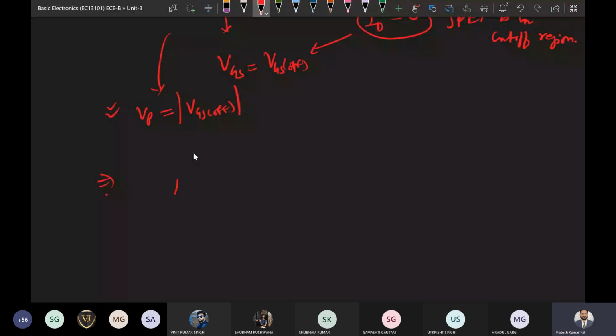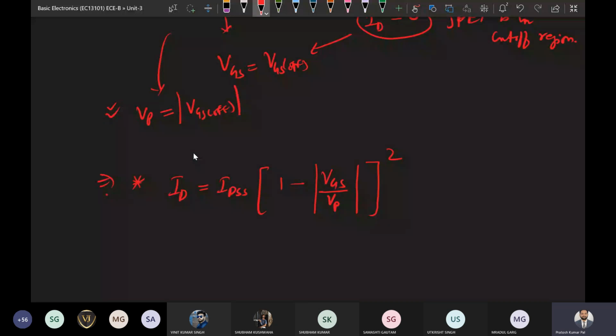The Shockley equation is also represented another way: ID equals IDSS times (1 minus VGS divided by VP), but VGS and VP are of opposite nature. VGS by VP is negative and the other is positive, but overall there should be a negative sign, which means the mod will be taken care of.